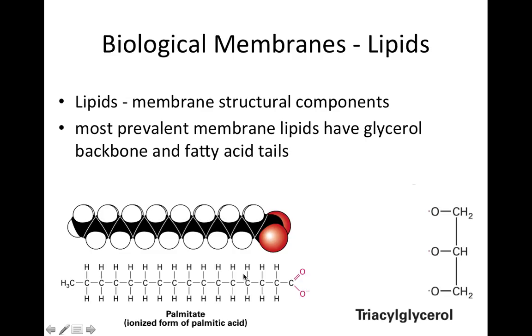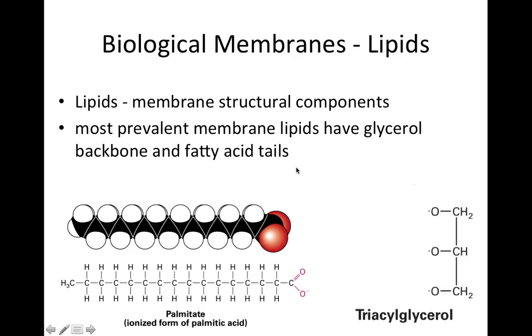So again, biological membranes are for the most part made up of lipids. Remember, with lipids, the basic structure is that they are long hydrocarbon chains. For the most part, they can be saturated, or straight chained. In some cases they can be unsaturated, containing one or two double bonds causing kinks.